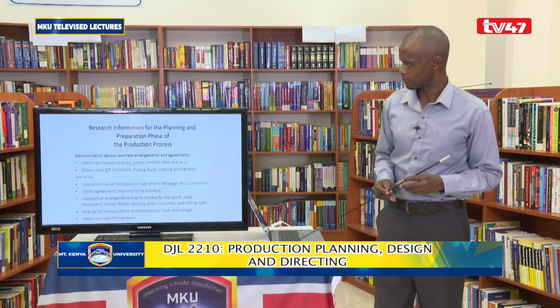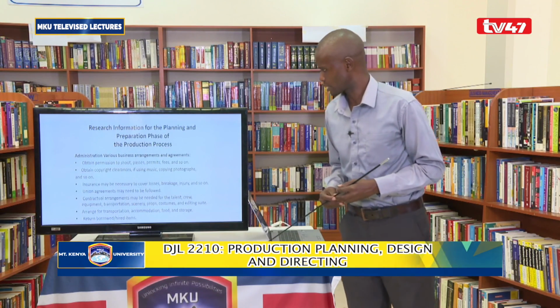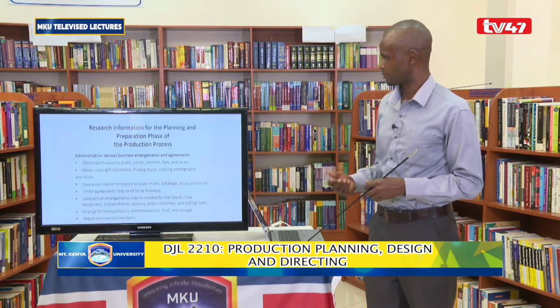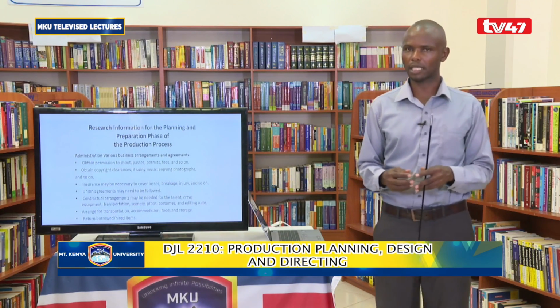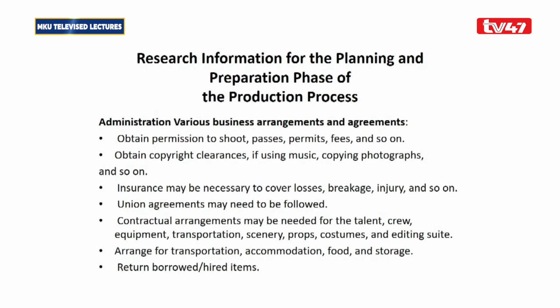So here you obtain permission to shoot, the passes, the permits, etc. If you are to conduct a particular shoot, the locations where you are going to undertake that shoot, you must have permission to shoot there. If the place is owned by a private entity, you'll have to talk to them to get that permit.